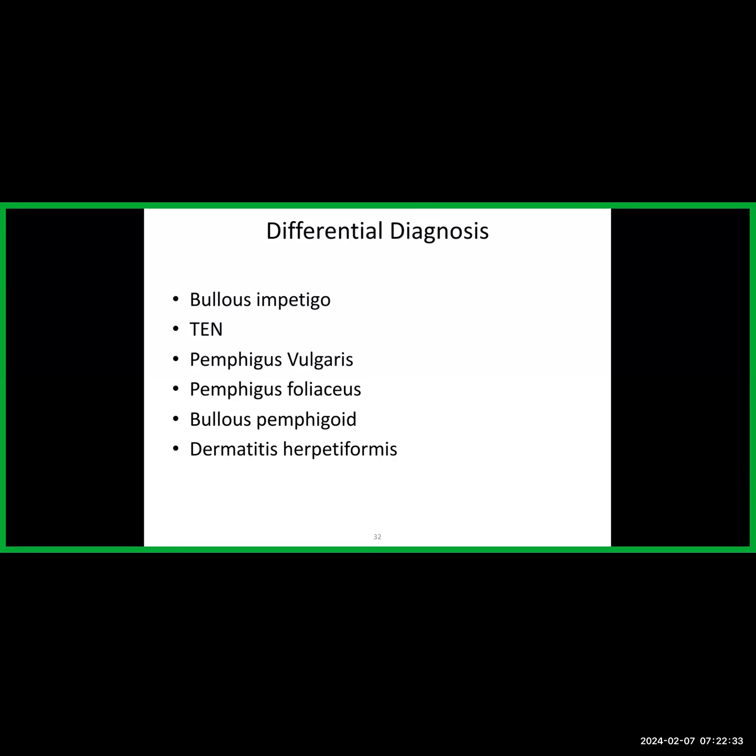Another differential is bullous pemphigoid, which usually affects those over the age of 60 years, and autoantibodies against the 230 and 180 kilodalton hemidesmosomal proteins play a pathogenic role.